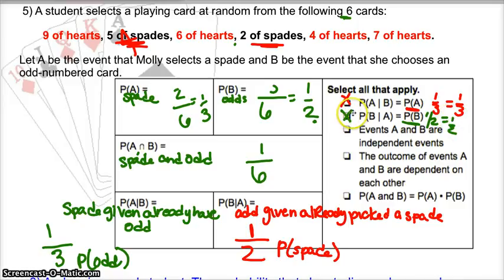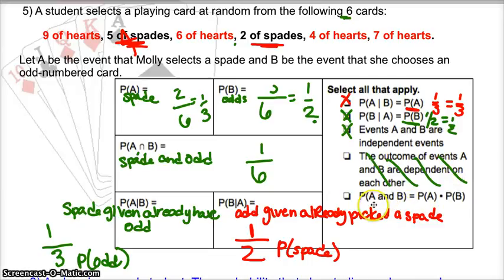Because these two things have been upheld, that means these events are independent. They have nothing to do with each other, which makes sense. If I'm drawing these cards randomly from the 6 cards, they have no influence on each other. Because I selected that the events are independent, they're not going to be dependent. That's the opposite.